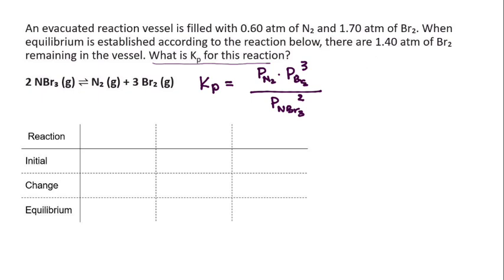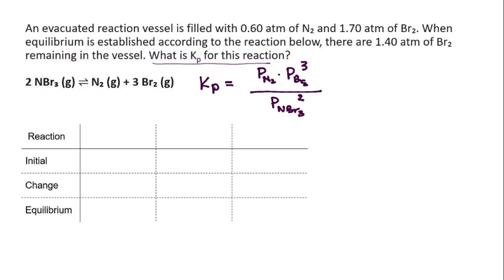Now, we need to know the partial pressures at equilibrium in order to solve for Kp. So the next question is, what information are we given? We're told that our reaction vessel is filled with 0.6 atmospheres of N2 and 1.7 atmospheres of Br2. The fact that the vessel is evacuated is just a clue that it is empty otherwise, and these are the only two things present.